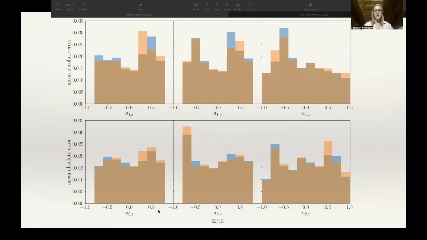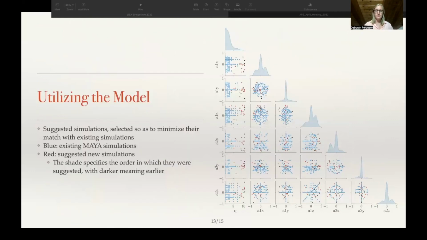The secondary spin seems to impact the error less, which is consistent with the fact that secondary spin tends to impact the waveform less, though there is this spike for a2y at negative 0.75 or so.